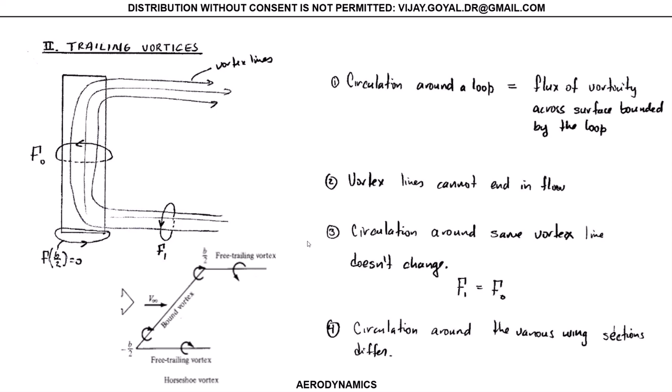Circulation around the vortex line does not change. So therefore, in this particular vortex sheet, if you would, the circulation has to be completely the same all the way through, okay? The circulation around the various sections may differ. So if I have a circulation in a different section, that may have a different value than this.